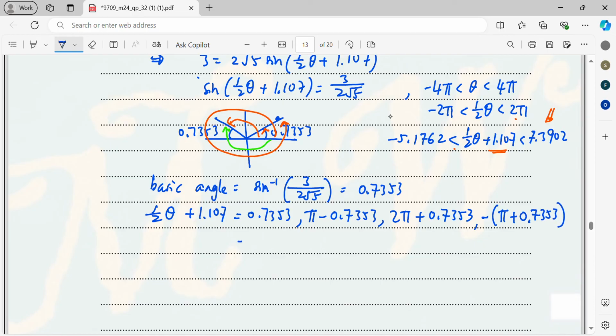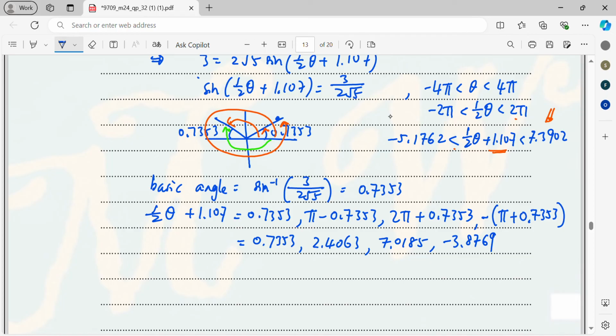And from here I will be getting these values: 2.4063, then 7.0185, followed by negative 3.8769.